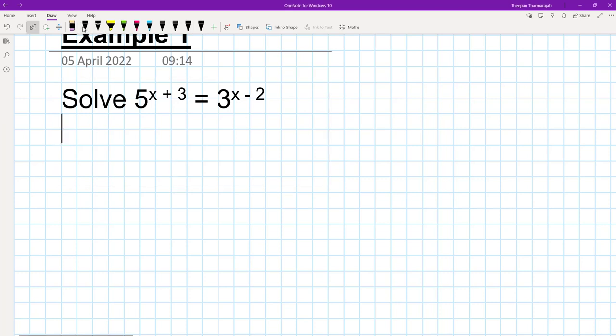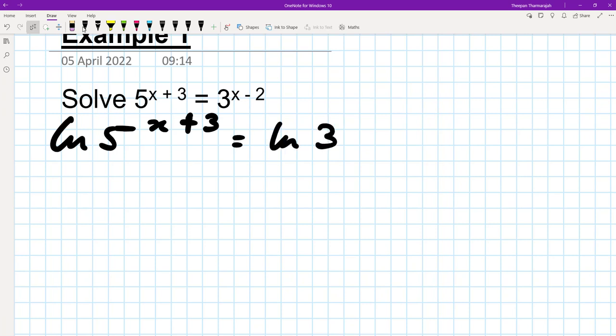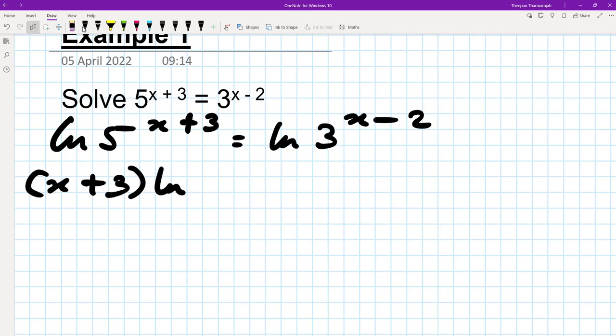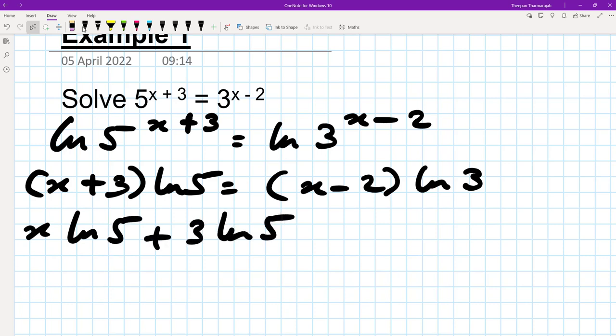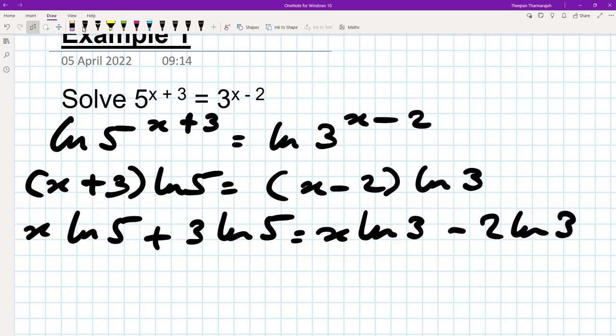Okay, welcome back. So we do ln of both sides. So I get x plus 3 multiplied by ln 5 equal to x minus 2 times ln 3. So we get x ln 5 plus 3 ln 5 equals x ln 3 minus 2 ln 3.